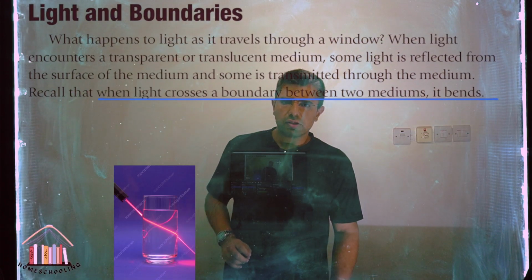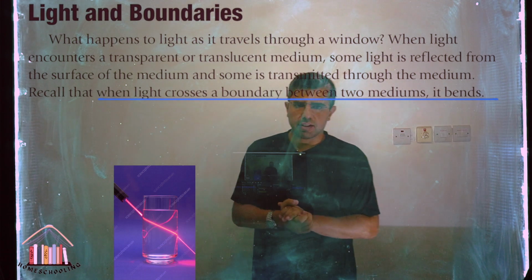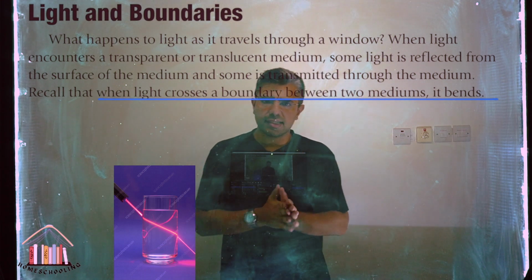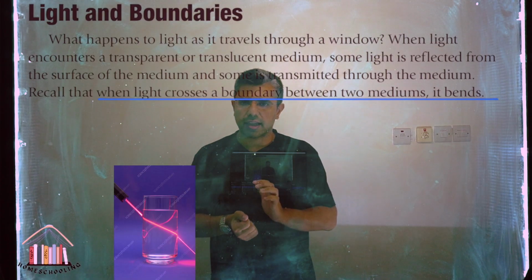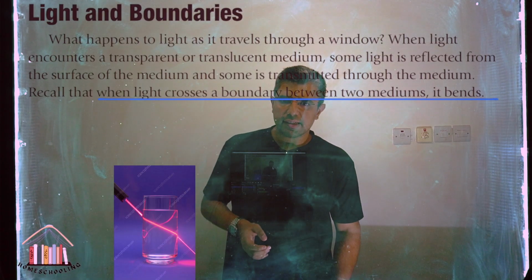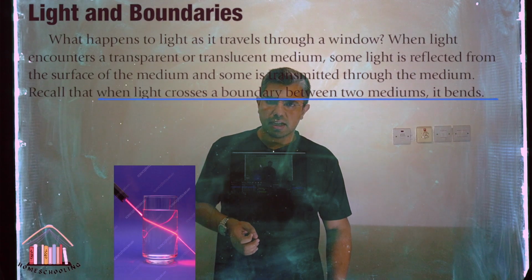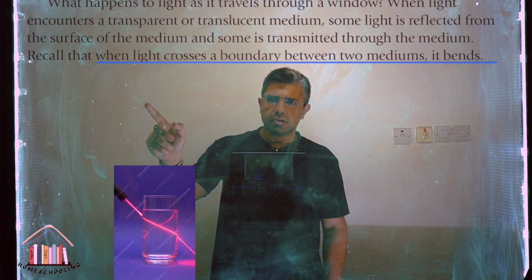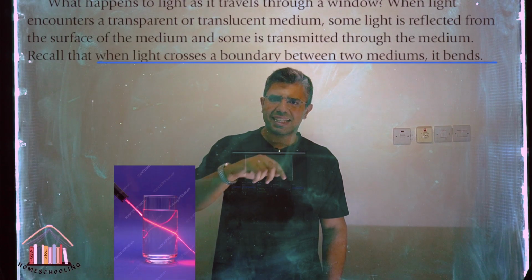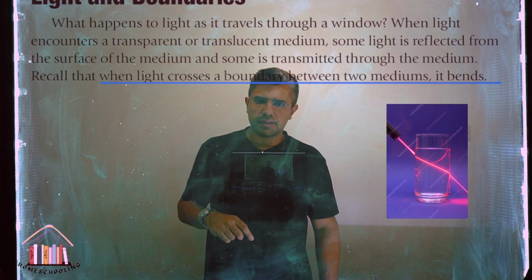As a continuation of the reflection of light, we're still studying light behavior when it hits a boundary or hits matter. When the light crosses a boundary between two mediums, it bends, as we see in this picture.